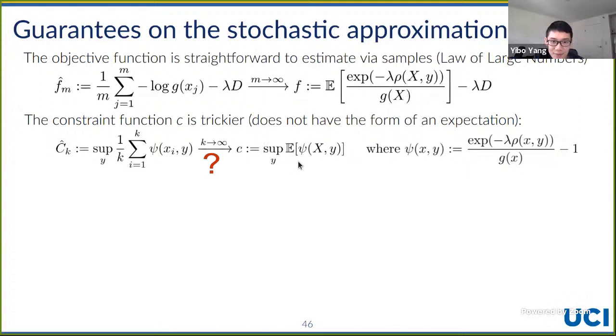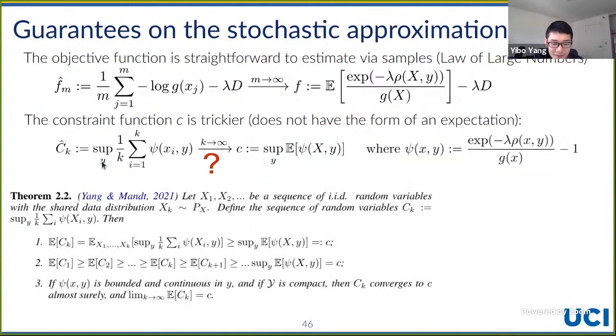It's the supremum over y of another expectation, or to simplify the notation, some psi function that we're taking expectation of. So this is an expectation parameterized by some y. We're taking the supremum over y, and what happens if we replace the expectation by the sample average, and then take the supremum?